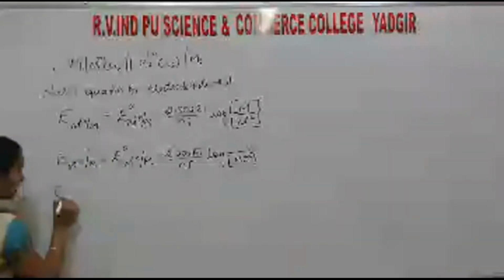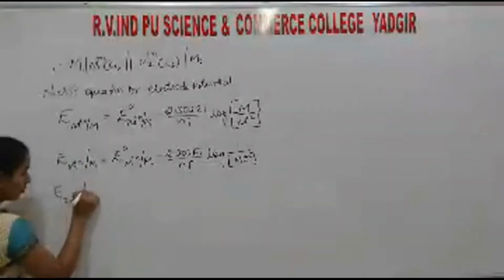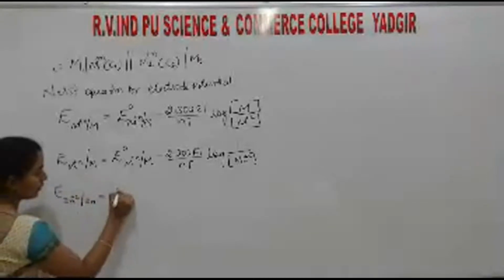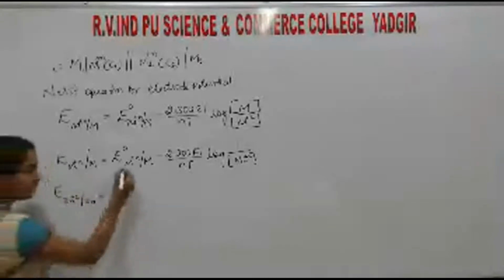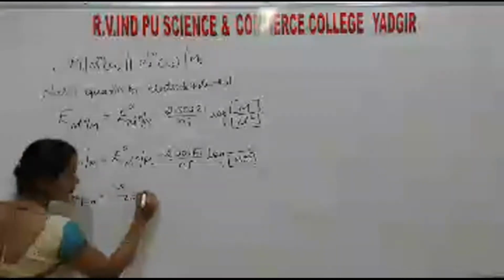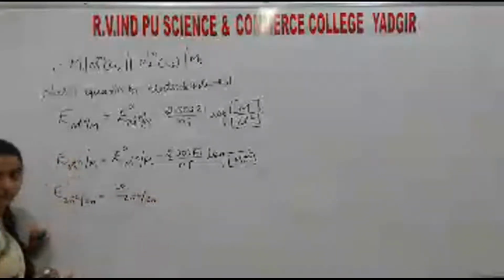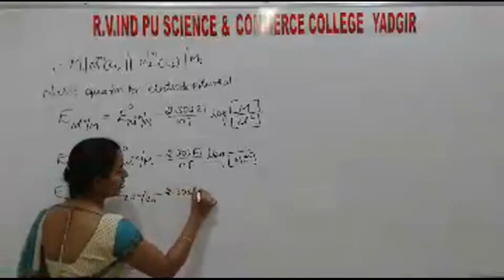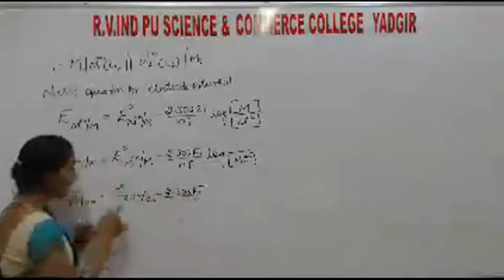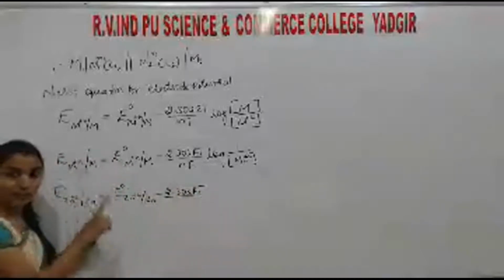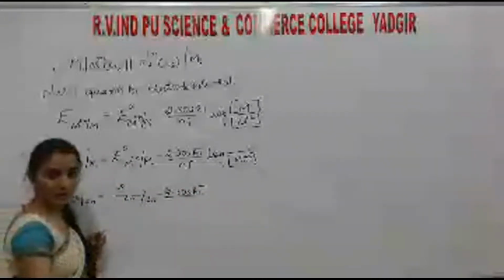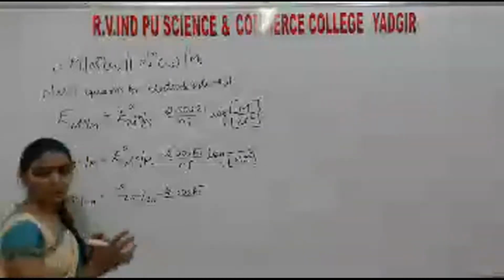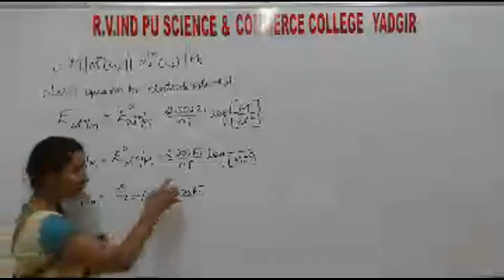So listen, E of Zn plus 2 bar Zn is equal to E naught of Zn plus 2 bar Zn minus 2.303 RT divided by n. Here for the Daniel cell it changes to plus 2 electron. Cu plus 2 accepts 2. So the n value becomes 2, and Faraday.